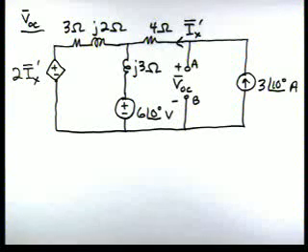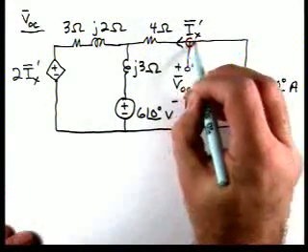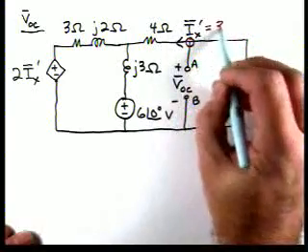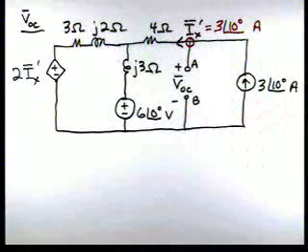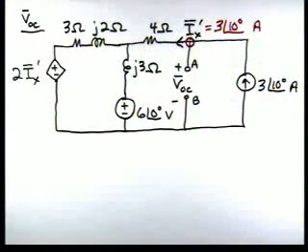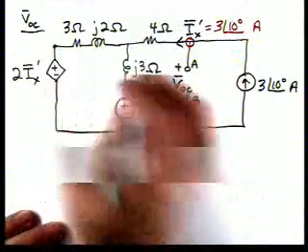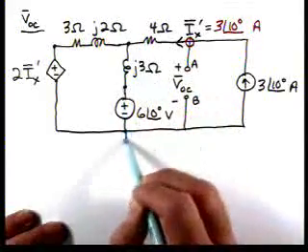So let's look at this circuit. If we apply KCL at this node, that tells us that IX prime is equal to 3 at an angle of 10 degrees. And if we think about how we want to analyze this, if we do nodal analysis, we'll have a node here, here, here, and pick this one as a reference.